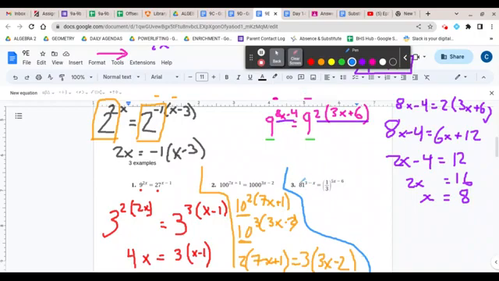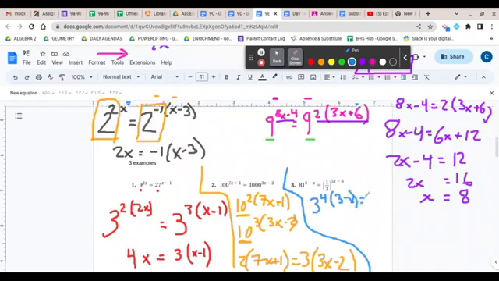All right, last one, we have 81 and we have 1/3. Again, this is probably going to take a little bit of finesse, and there's more than one right way to do this, but 81 we know is going to be 3 to the 4th power, and we're going to have 3 minus x.